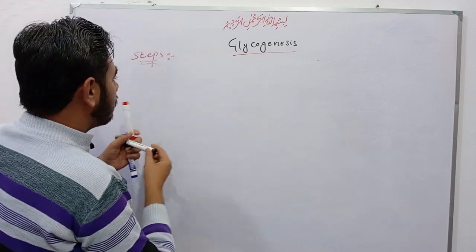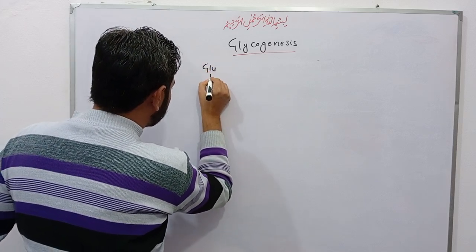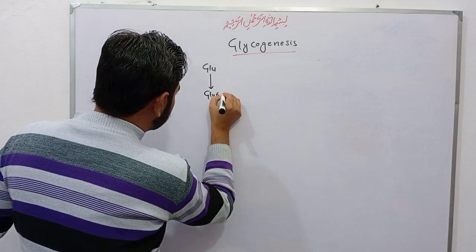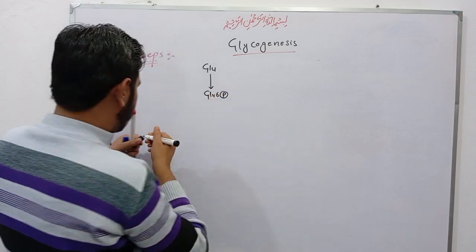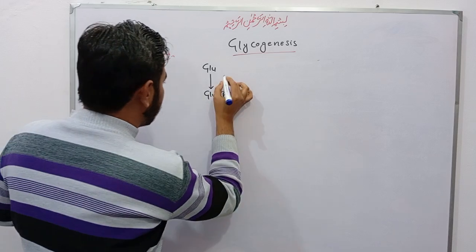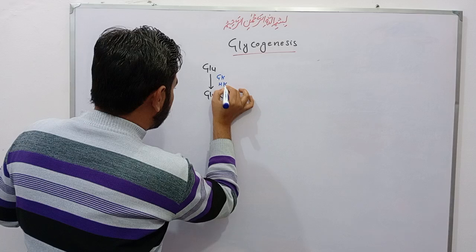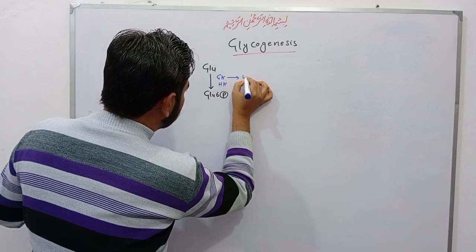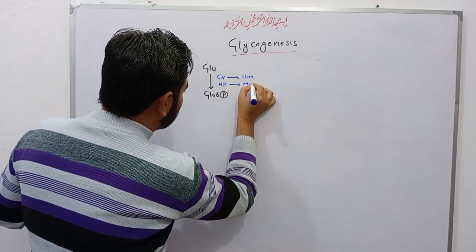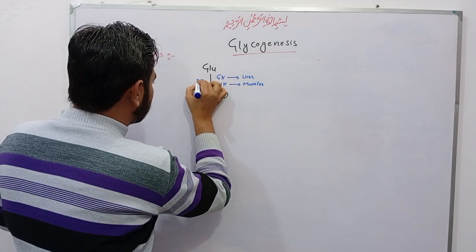First of all, glucose converts into glucose 6 phosphate by the action of glucokinase and hexokinase enzyme. The glucokinase enzyme acts only in the liver, while the hexokinase enzyme acts on muscles, and this reaction requires magnesium ions.